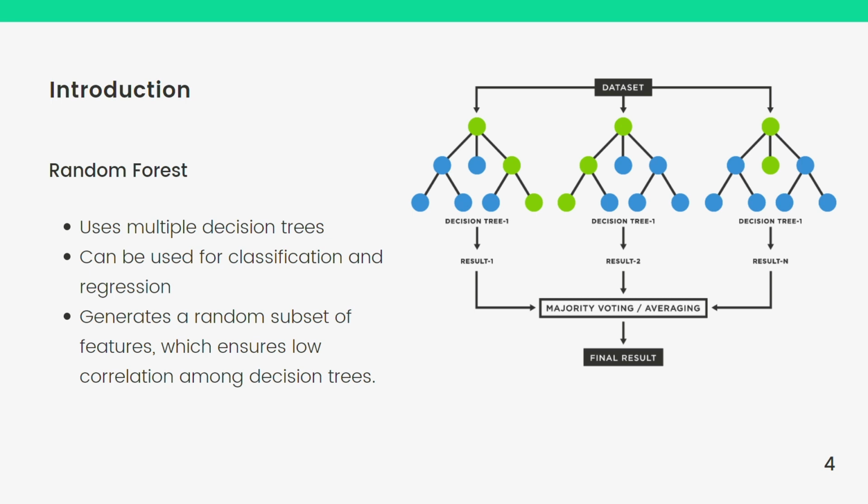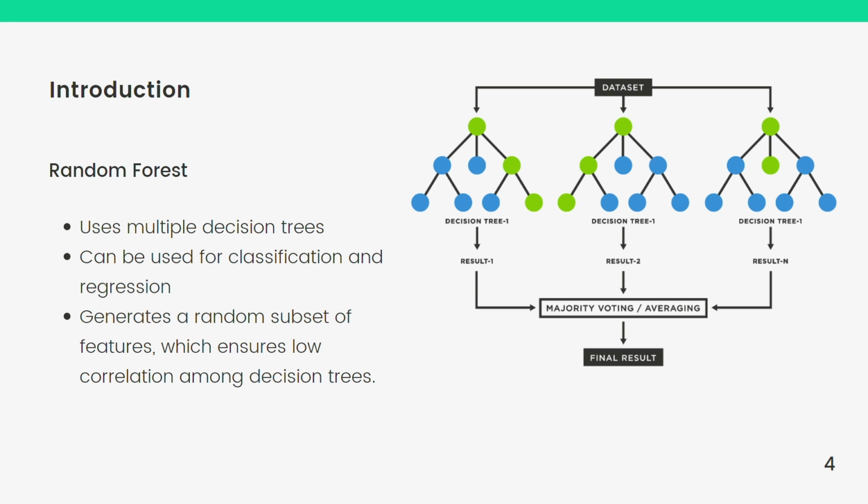So let's say there are 10 trees in all. Out of them, let's say 8 trees are giving the output as yes and 2 trees are giving the output as no. So that way the final output of the random forest would be yes, because the majority is giving an output as yes.